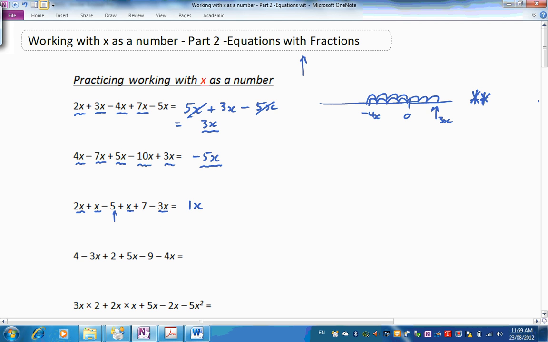But these two numbers, neg 5 plus 7, would be positive 2. So we generally write this as x plus 2, leaving the 1 out in front of the x. Can you see? A bit different there. And what this is called is collecting like terms. Collecting up terms, expressions that are like each other. Collecting like terms. So it's x's together and numbers together.